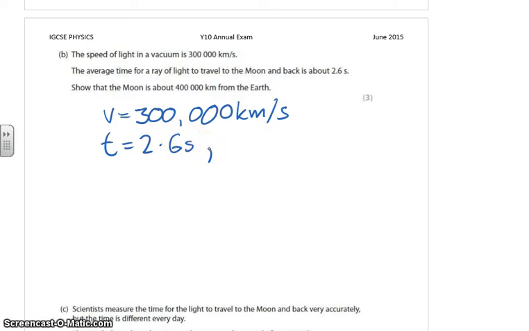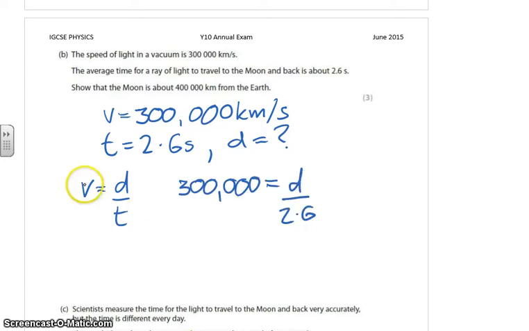It's asking me to calculate this value, and it's in kilometers, so it's asking me to calculate distance. Now if you think back all the way to topic 1, the formula that connects these three things is V equals D over T. So I've got 1 mark for the formula.